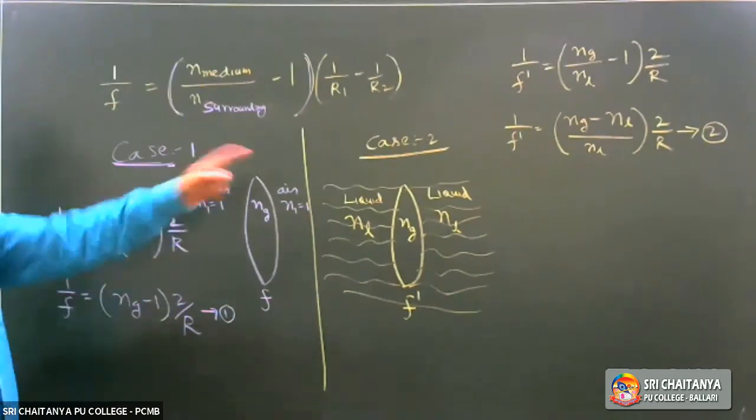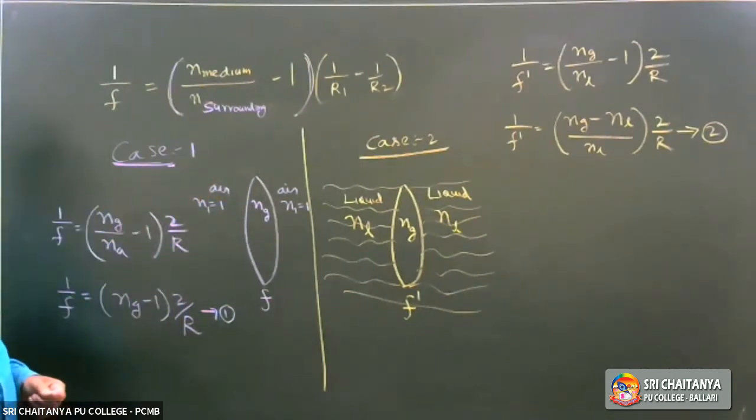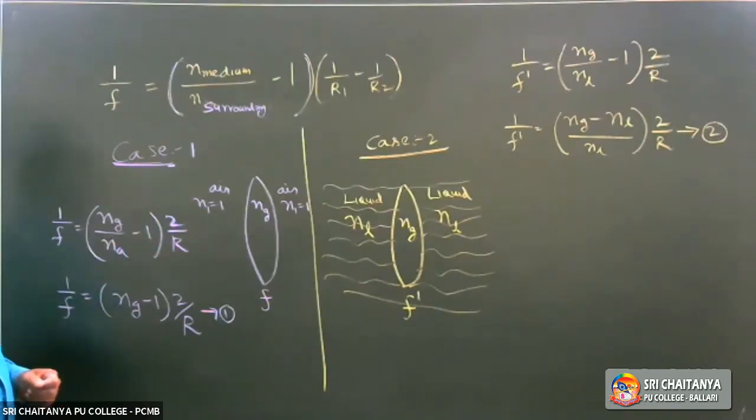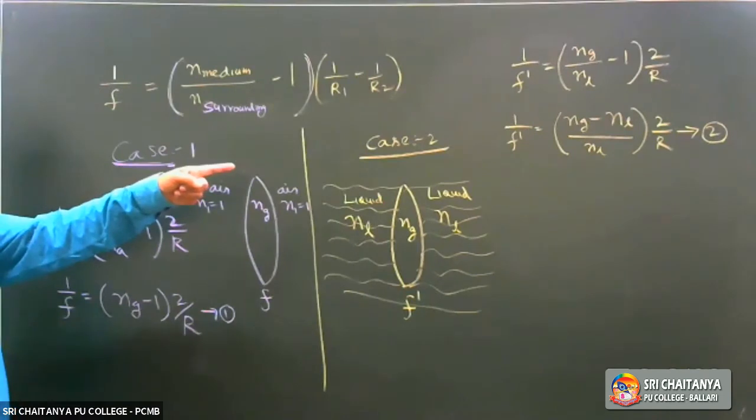Divide 1 by 2. So 1 is this equation, 2 is that equation.